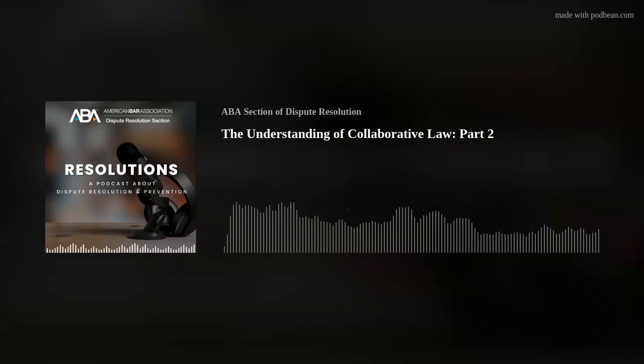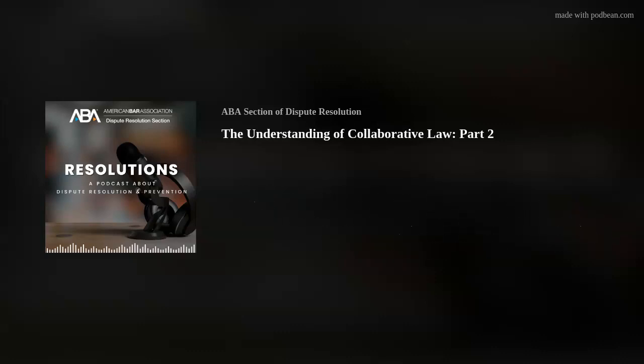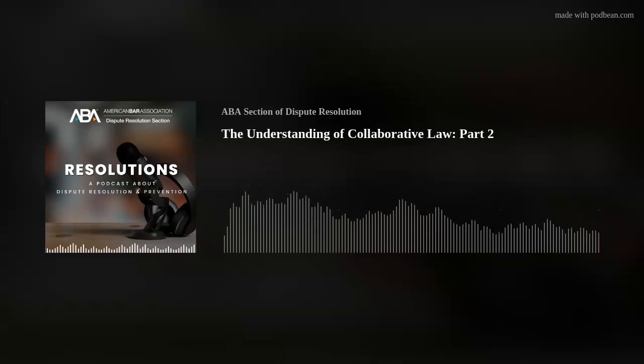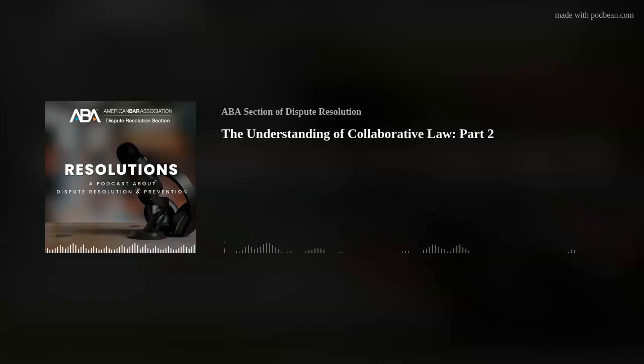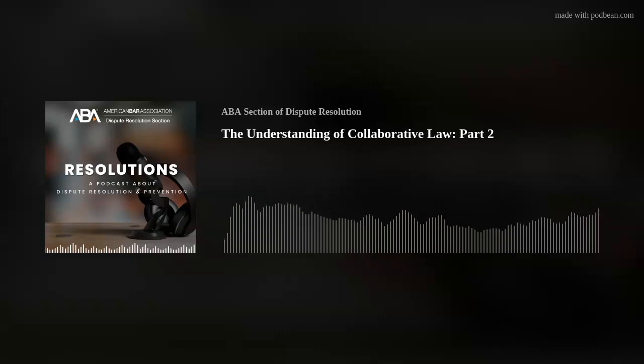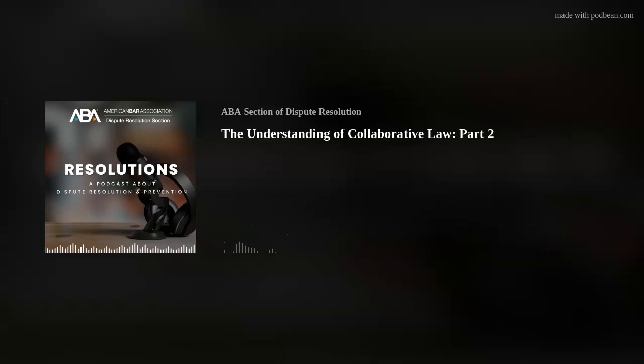Just as a refresher, we talked about collaborative process. Collaborative process is a dispute resolution process with two attorneys, two parties. Each party is represented by their own attorney. They sign a participation agreement, which is a contract that modifies the rules of professional conduct for the attorneys.